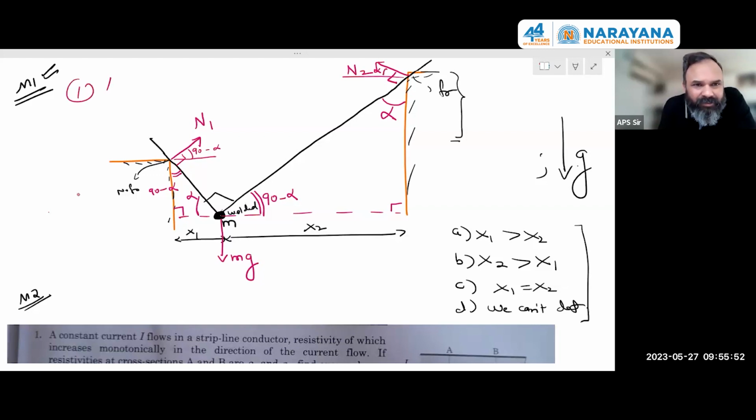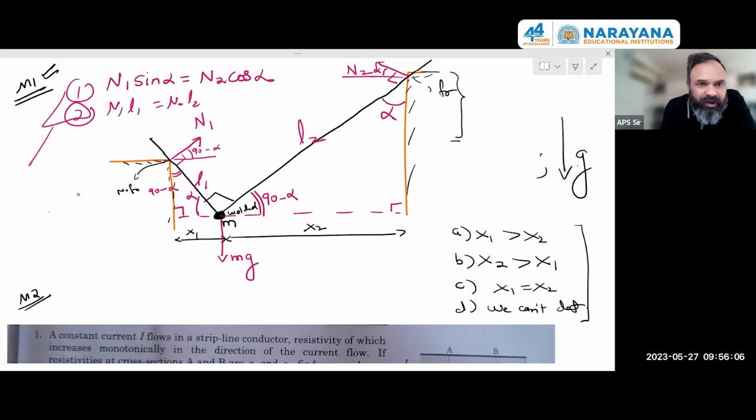So this is one method: N1 sin alpha is equal to N2 cos alpha. And then if this length is L1, this length is L2, the second equation is N1 L1 is equal to N2 L2. So somebody will write tan alpha, sin alpha upon cos alpha, N2 upon N1 is L1 upon L2.